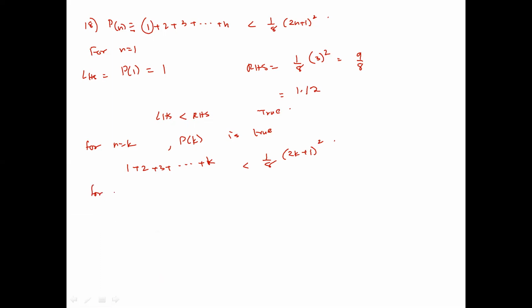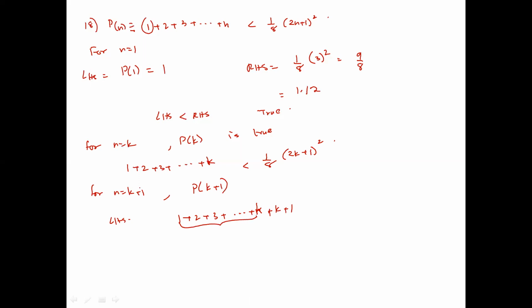Now we will prove for n equal to k plus 1 by taking P of k plus 1. So we will take the left hand side, that is 1 plus 2 plus 3 plus up to n. But for n, first we will put k, next term we will put k plus 1.